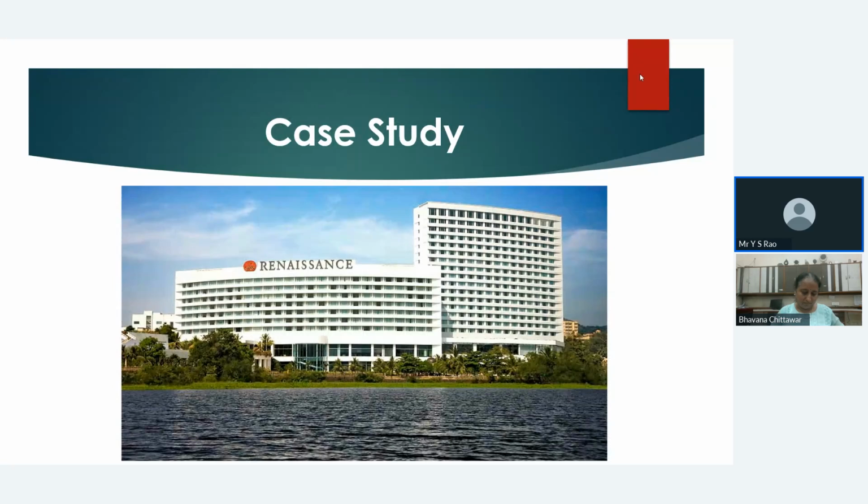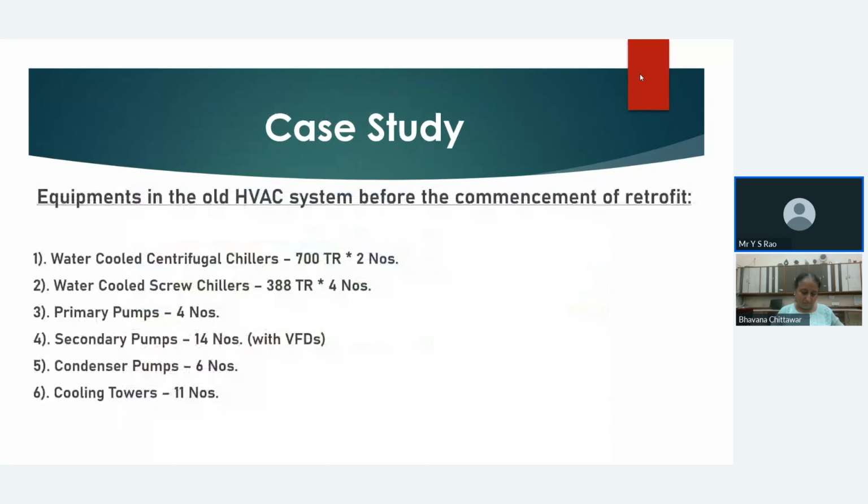The air conditioning facility to the whole building was served by an HVAC plant that consisted of 2 water-cooled centrifugal chillers of 700 TR capacity each, 4 water-cooled screw chillers of 380 TR capacity each, primary pumps 4 numbers without VFDs, secondary pumps 14 numbers with dead VFDs, those VFDs which were not functional.